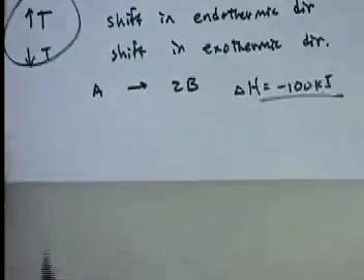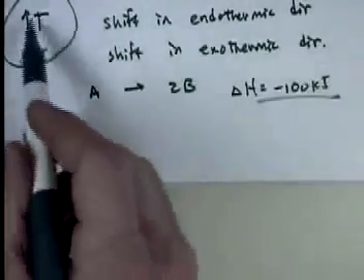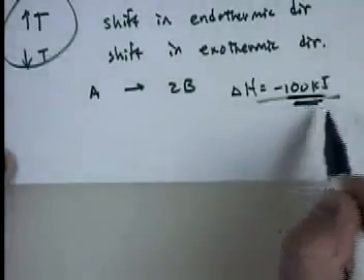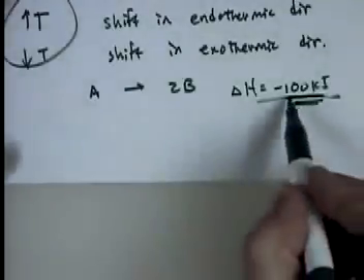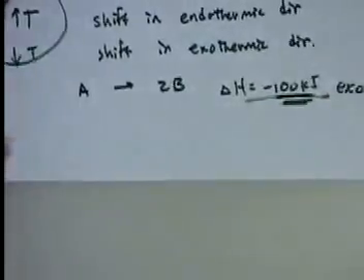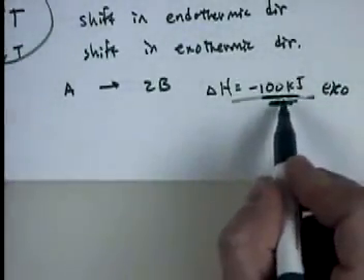Okay? And let's say that what we're doing here, having this exothermic reaction, is we're going to change the temperature. Well, what I encourage you to do, before you even look at whether the temperature is increasing or decreasing, is take a look at what the enthalpy data is telling you. In this case, it's a negative 100, which means it is an exothermic reaction, right? If it's an exothermic reaction, that means that energy is being given off.